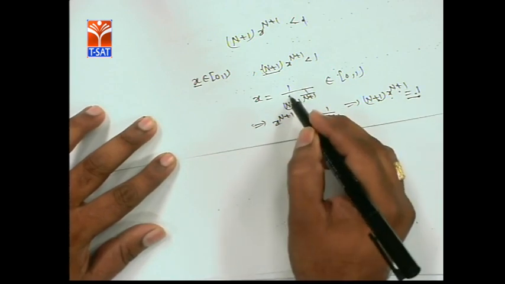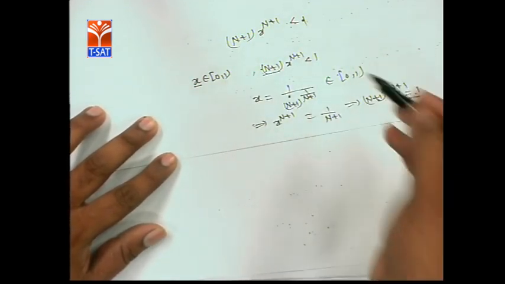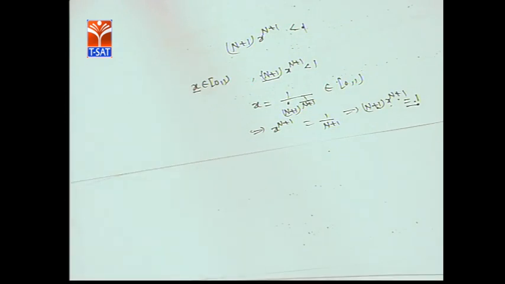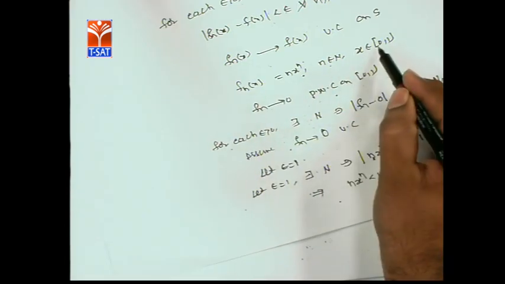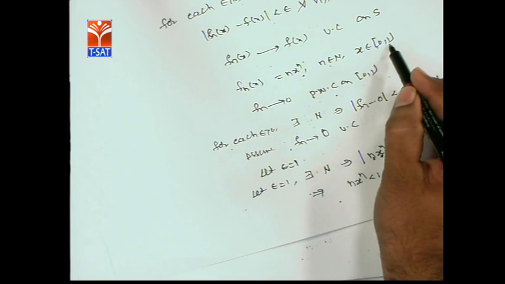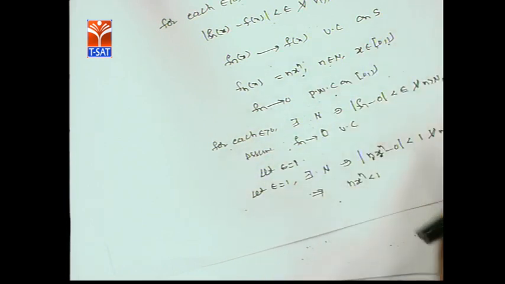Therefore, for this x the condition fails, which means the convergence is not uniform. For this example, fn of x is equal to n into x to the power of n, n belongs to N, x belongs to [0, 1), does not converge uniformly to 0.